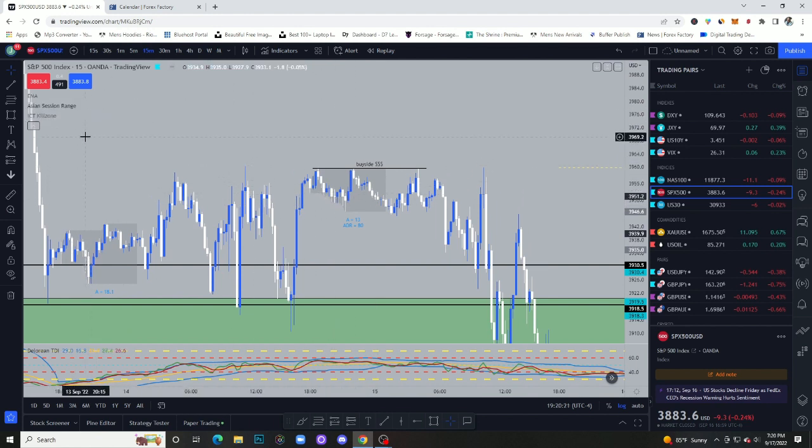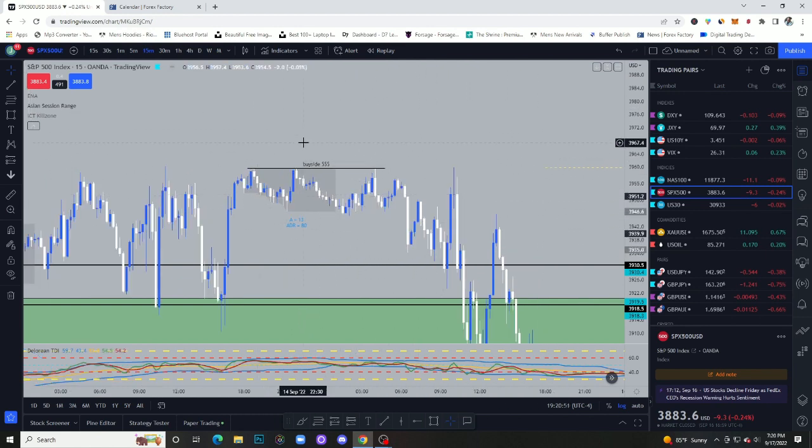I have it right there. 5 p.m. is basically the market close for the U.S. markets, for the U.S. banks. And then from here on out is where the Australian and the Asian session starts to kick in. So from 5 p.m. to 1 a.m., this is the Asian session range that I use.